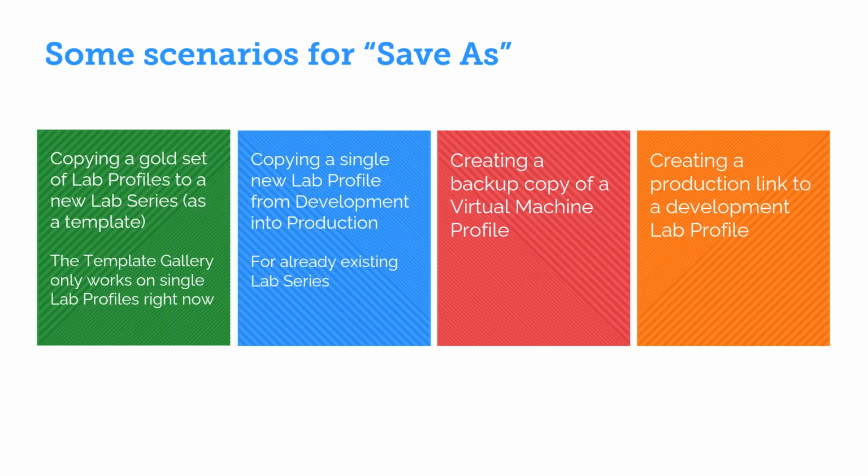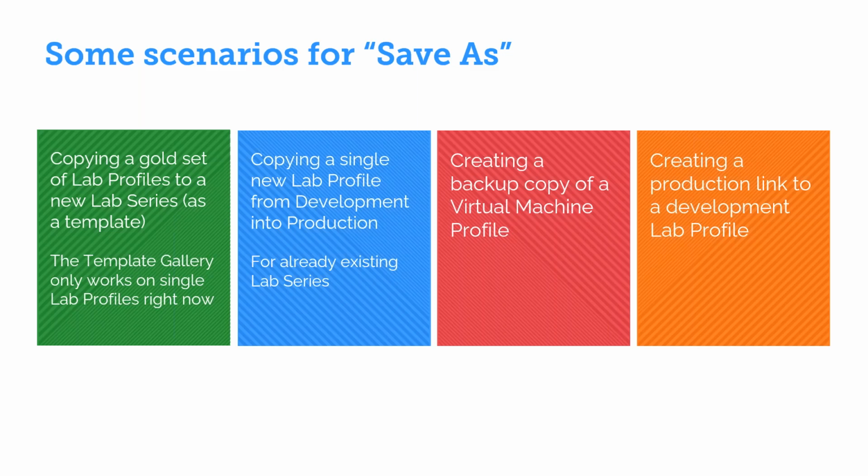You don't manually need to make a copy of a lab profile if you link it into multiple lab profiles. One thing that inheritance gives you is the easy ability of being able to take a development lab and have that be the parent lab, and then you can have a child lab in the production environment, which is then published out.